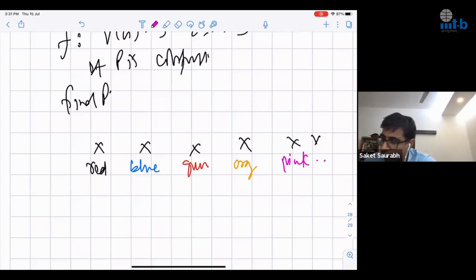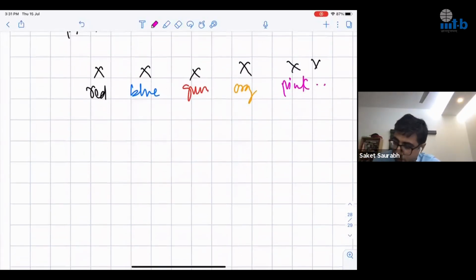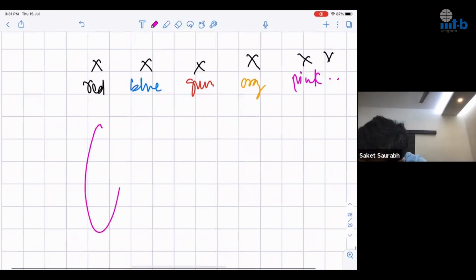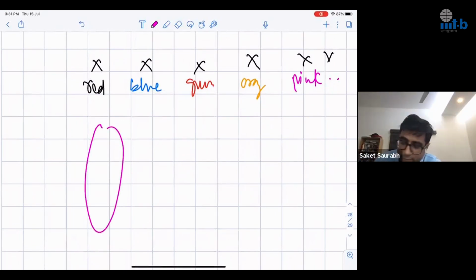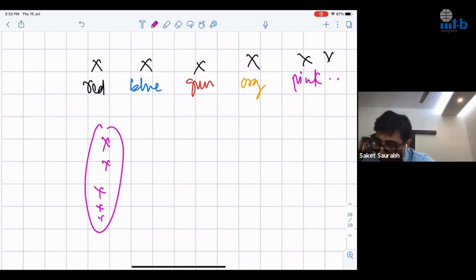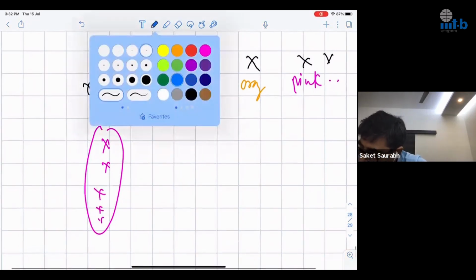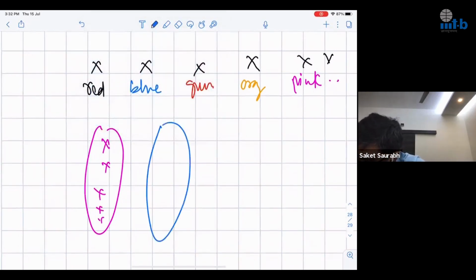Fine. So now what I will do is make a directed graph. I look at all the vertices which are red and put them together like a partition. If I'm looking for a path, after red, which color comes? Blue comes. Then let's go to the blue, and put down all the vertices which are going to be blue, then green, and so forth.